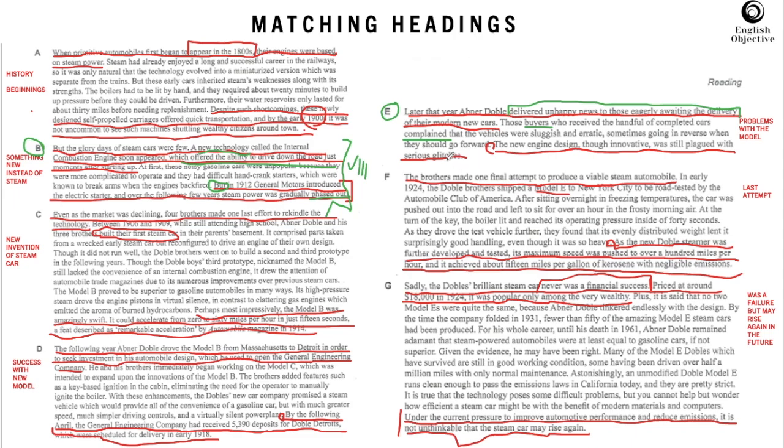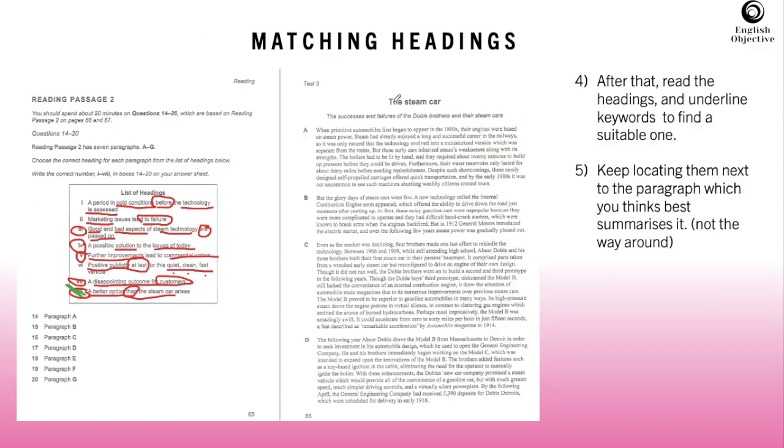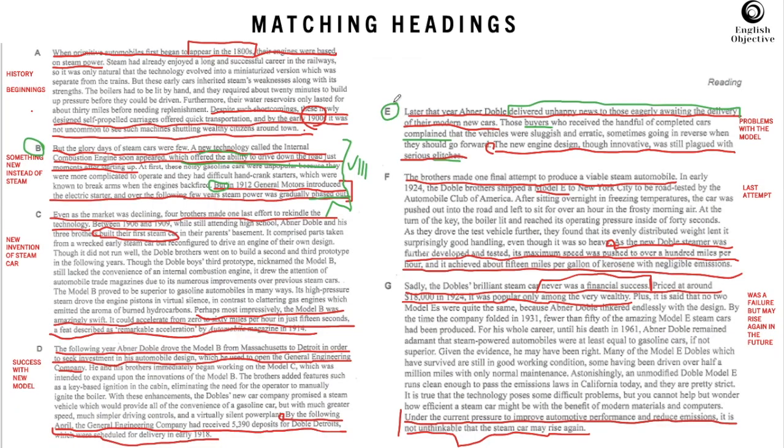And as we mentioned, glitches meant mistakes and failures. So I think that quite clearly this is about the customers, the buyers, and it was a disappointing outcome. So for the moment, I'm going to match it, and I'm going to say that E is number 7.